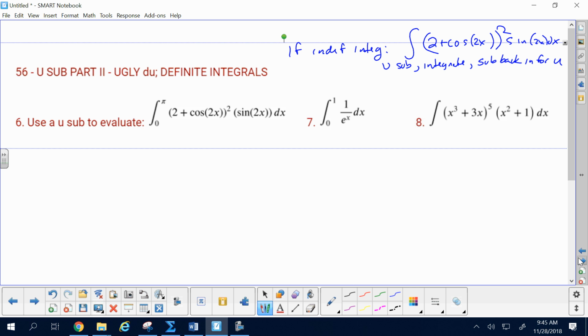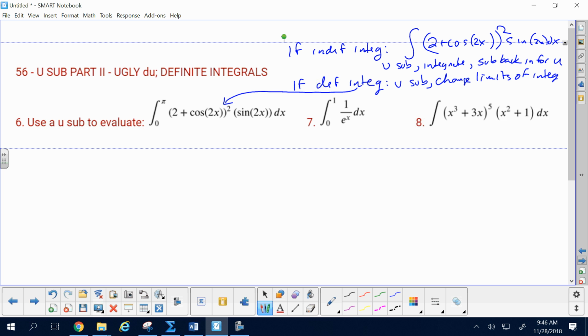But if it's a definite integral, it has limits of integration, like this one, then you U sub, you must change the limits of integration to match that u. And now those values will become different than 0 to pi.